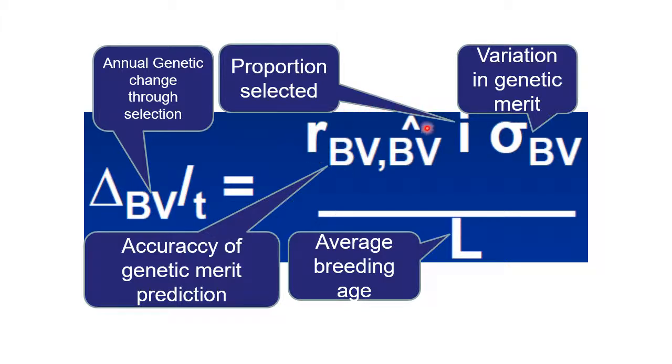So this accuracy, or this correlation between the true breeding value and the predicted breeding value, will determine how accurate you are in ranking the animals according to their breeding values. That is the one factor. The next factor is the intensity of selection, or the proportion that you selected, and obviously this relies on other factors such as the survival rate and the reproduction rate in your population.